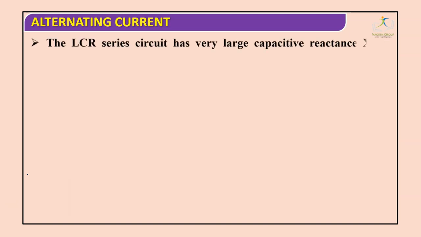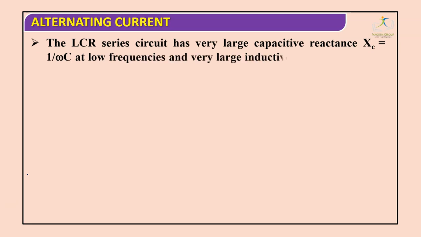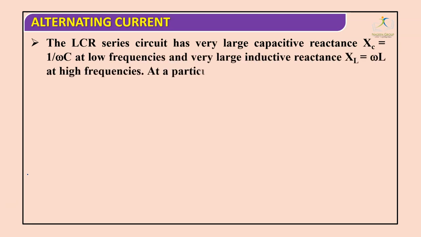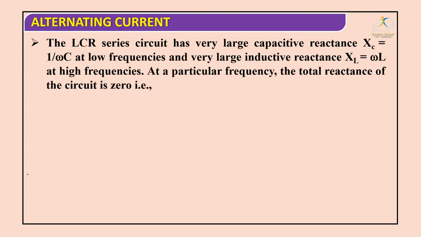The LCR series circuit has a very large capacitive reactance XC, which is 1/ωC. Students, as we know, this is for a low frequency, and for a very large inductive reactance XL is equal to ωL.